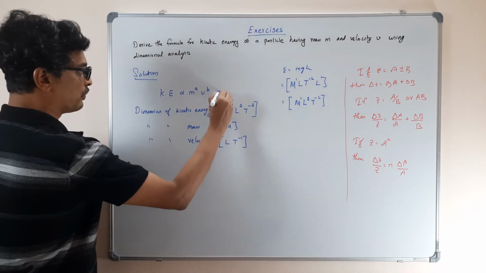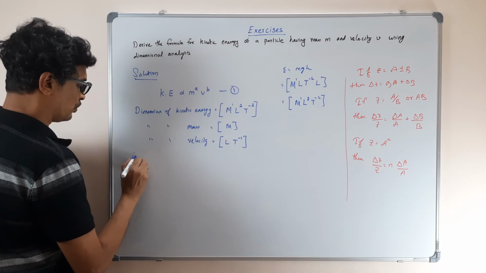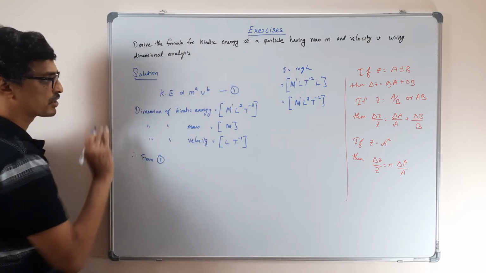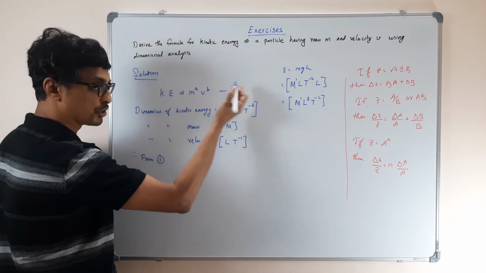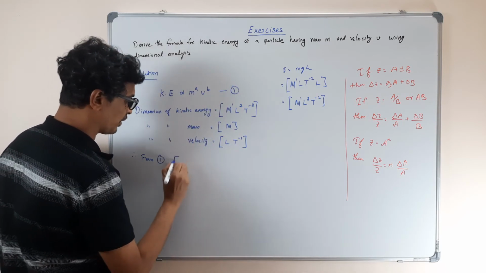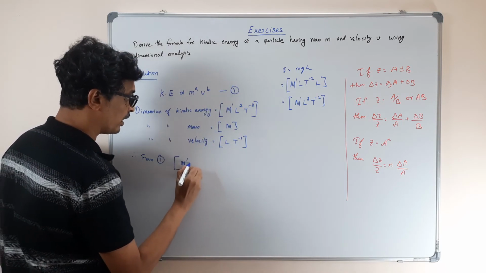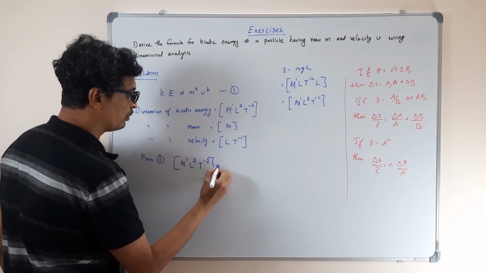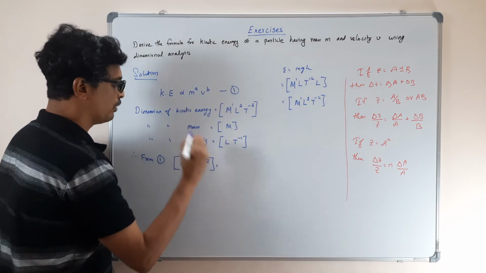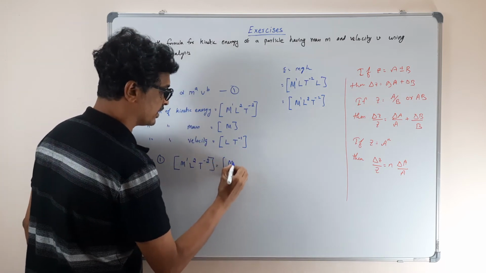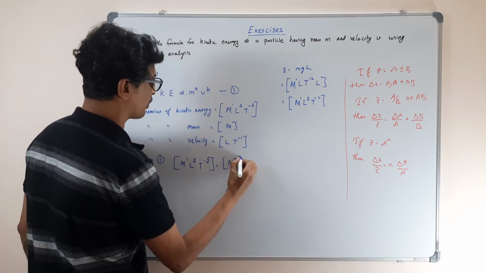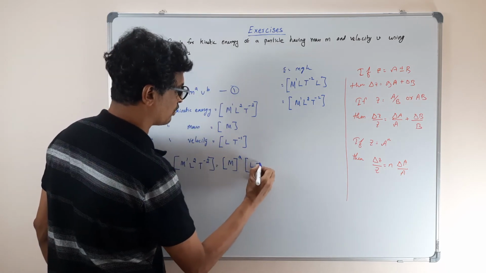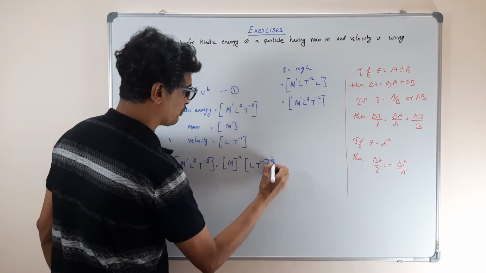Therefore, from 1 we have the dimension of kinetic energy; dimensionally both the equations should match each other. So we will have M1 L2 T power minus 2 equal to M power a into velocity, velocity is L T to the power of minus 1, power of b.